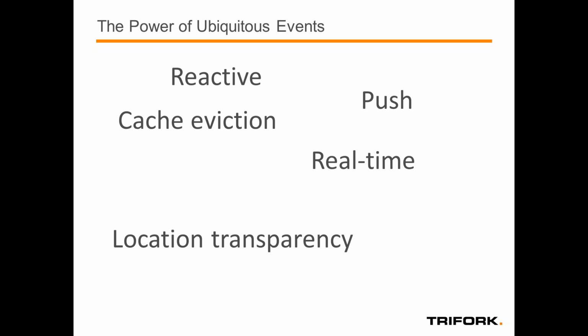Another aspect that we can now do is create real-time systems. All we need to do is wait for an event to happen and then respond to it immediately. So we can push events, for example, to the front end, so our front ends can also react in real time to what's happening on the server. It also helps us with system integration.